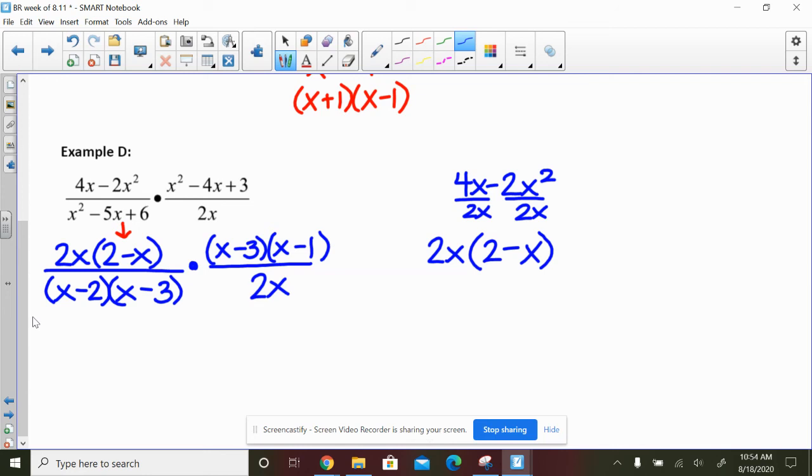So I'm going to make this a negative 2x, and now I can switch it around and it will become an x minus 2. I can only do that by factoring out a negative 1. So I'm just going to rewrite the rest of the problem.